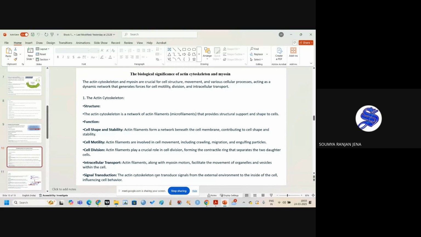This actin cytoskeleton can transduce signals from the external environment to the inside of the cells, influencing cell behavior. For example, during any signal transduction process, these cytoskeleton molecules are required for the recognition of different stimuli.